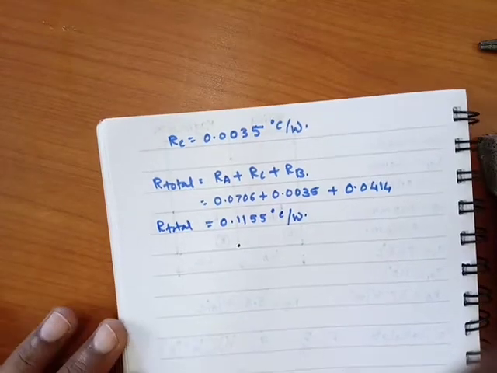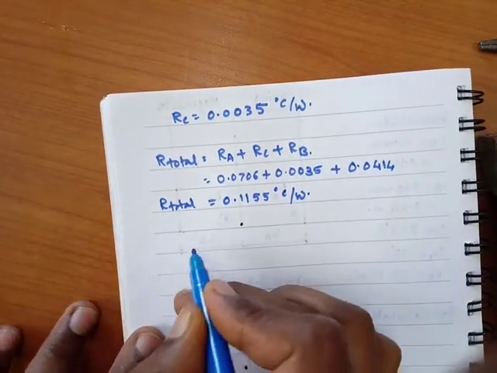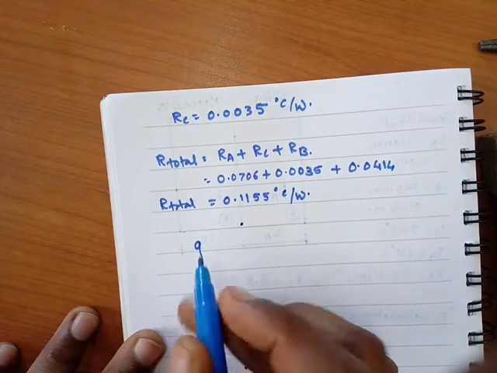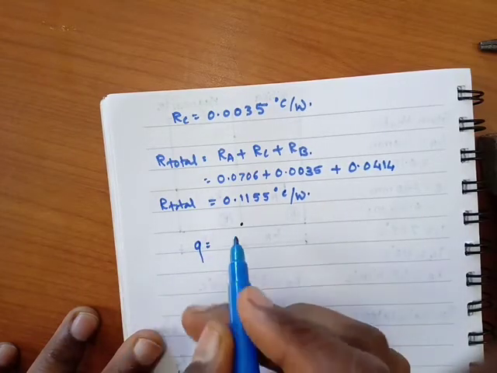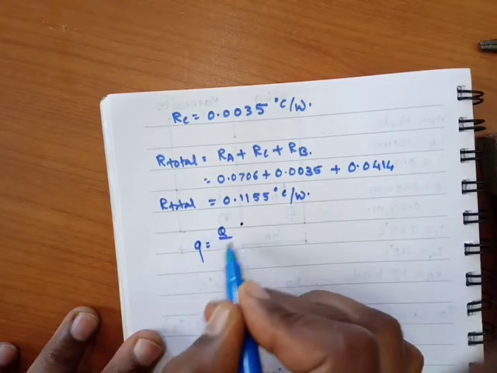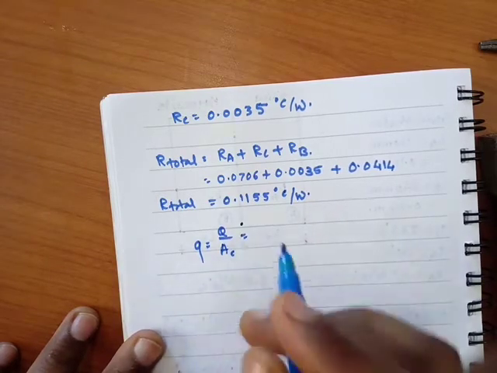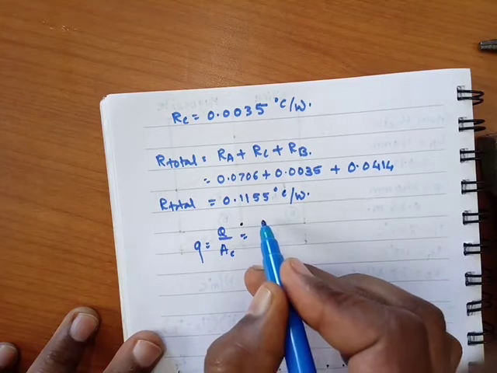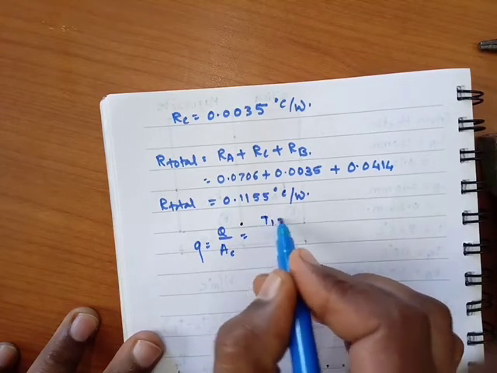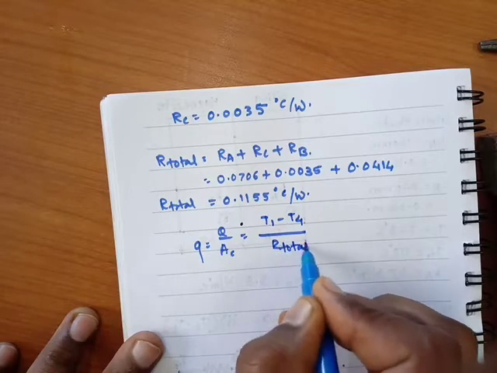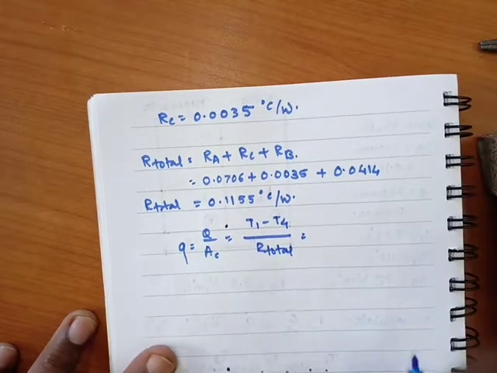Okay, now in the previous formula we have written Q for per unit area, so Q divided by area, the cross sectional area, is equal to delta T, the total temperature difference T1 minus T4, divided by R total. So here we substitute the values.